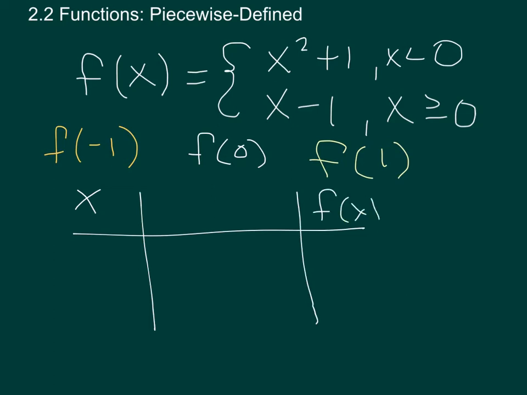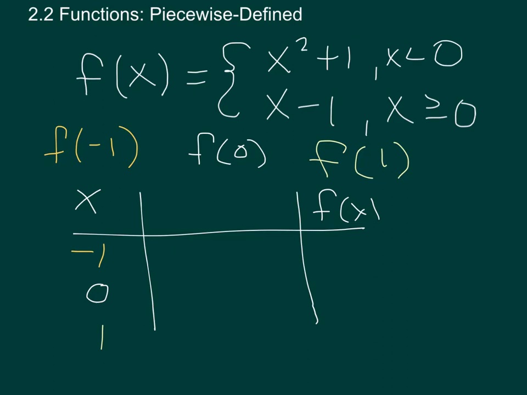So I'm going to say -1, 0, and 1 are my inputs. Now what I have to do is look at this input value, this -1. I see that -1 is less than 0, so that means it is in this constraint, it's in this category. So I'm going to use this expression to evaluate.